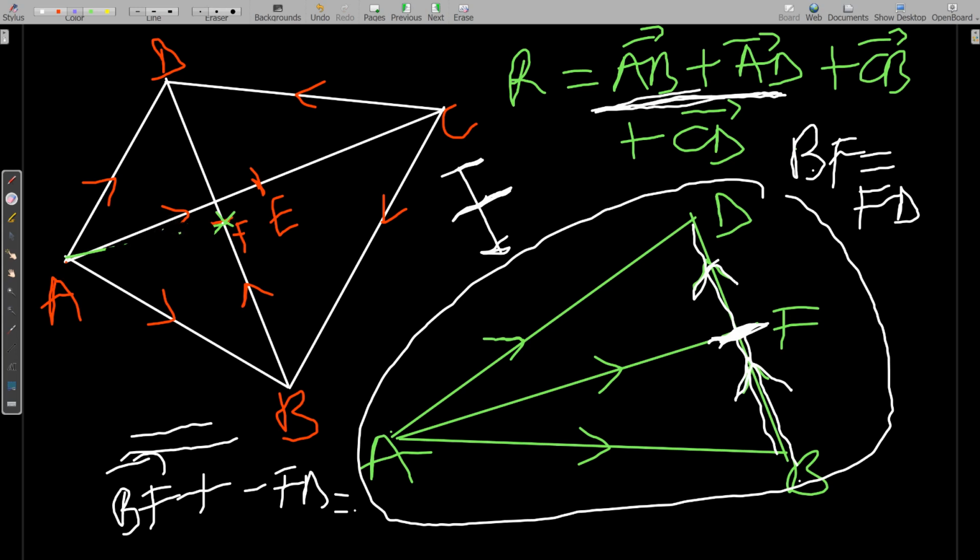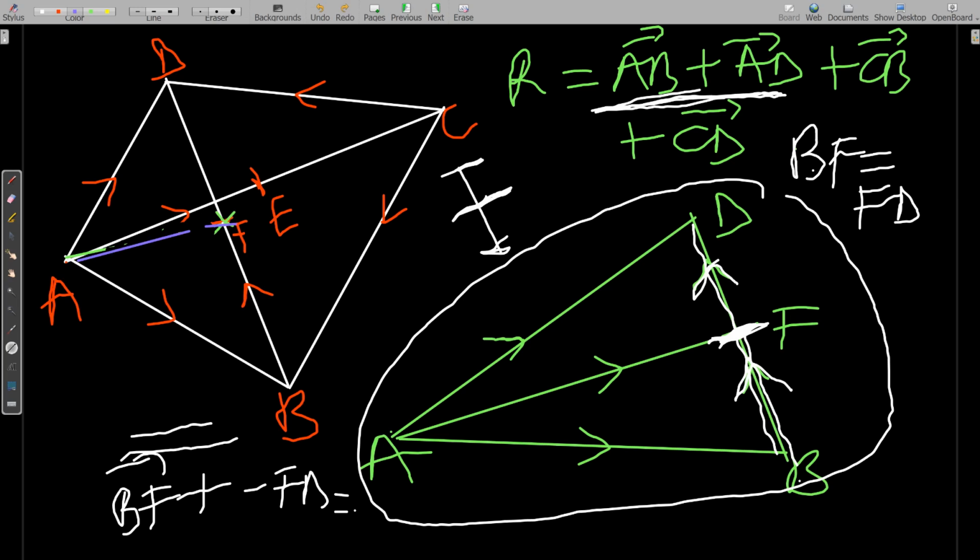All right, so I'm going to look at this. AF is here, this is my AF, because that's my F, and then CF is also here. Let me use different colors so that you see what I'm talking about.